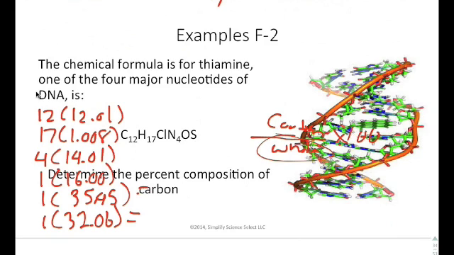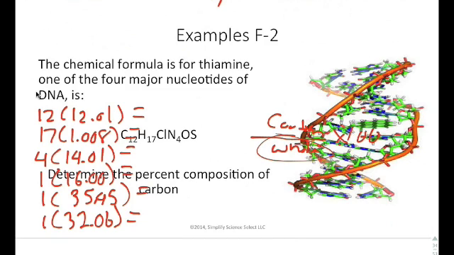At this point, we would multiply all these values out. The only one that I'm going to report is the one I'm really interested in, which would be 12 times 12.01. It's going to be pretty close to 144, but let's put it in the calculator to make sure.